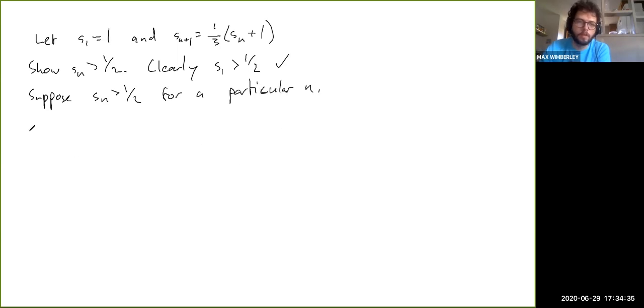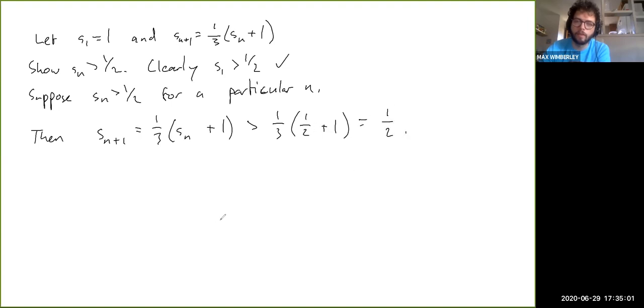Then Sn plus 1 is 1/3 Sn plus 1, which is greater than 1/3 times 1/2 plus 1, since we assumed that Sn was bigger than 1/2, and this is literally just 1/2. Okay, so that's the whole inductive argument.